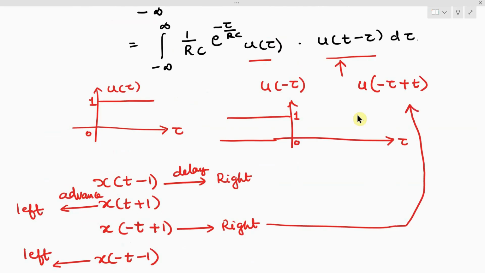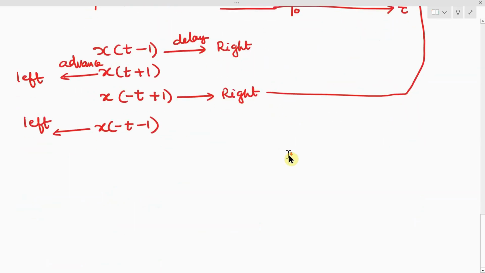Instead of tau you have t, and instead of t you have 1. That means this signal after time reversal should be shifted right side by how many units? After time reversal, t units. You have to shift by t units towards right side.